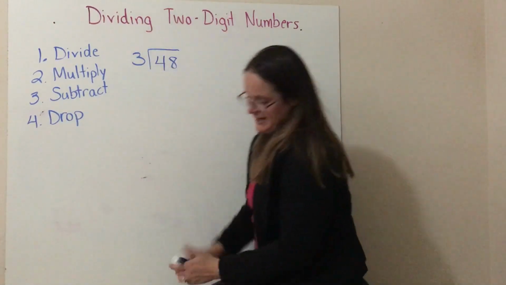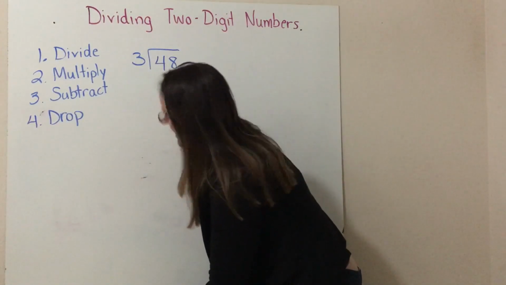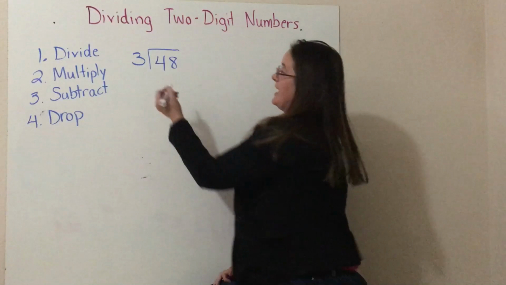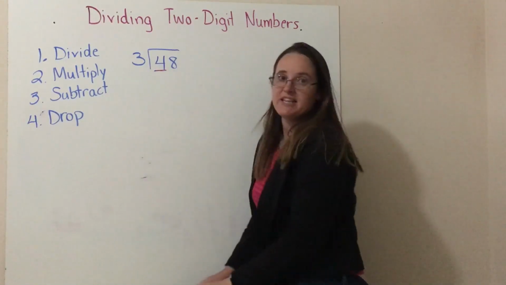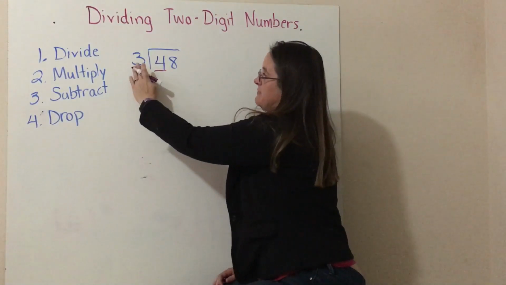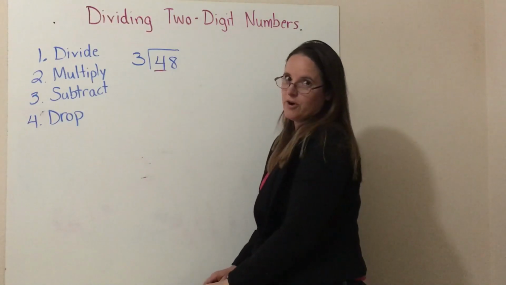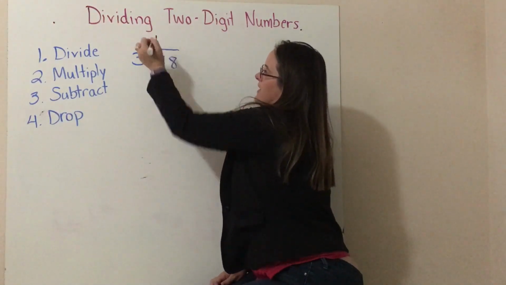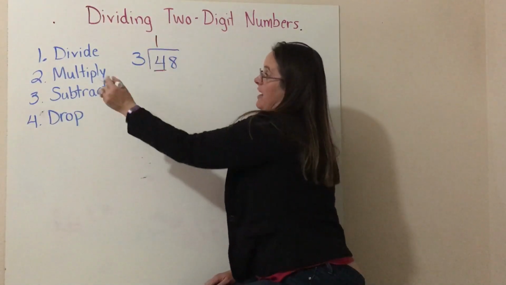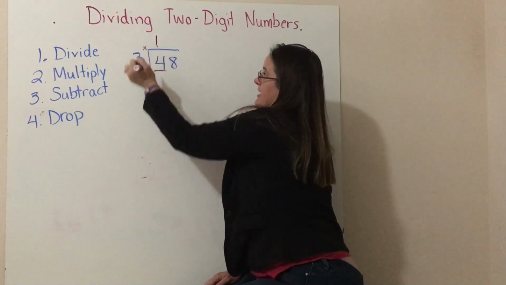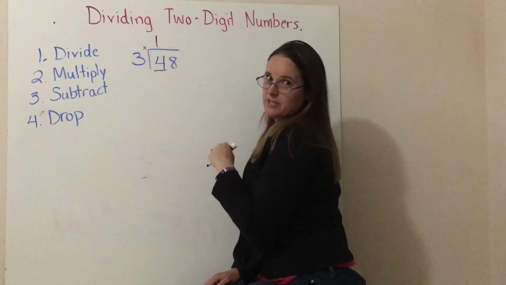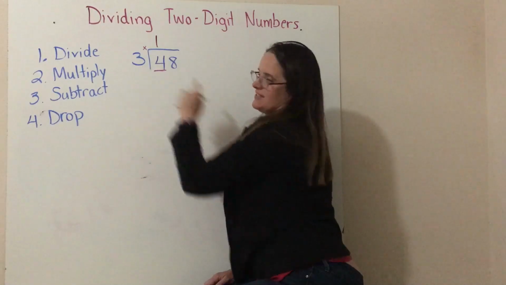Okay, so we're dividing 48 by 3. Once again, we just look at the tens place to start with. How many times does 3 go into 4? 1 time. Now we multiply. What we're multiplying here is the answer that we just got times the divisor.